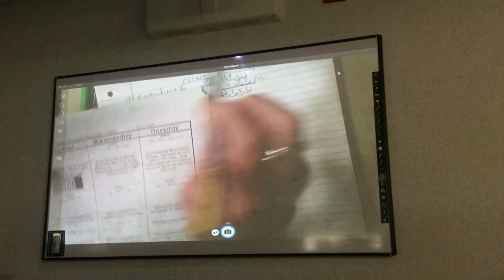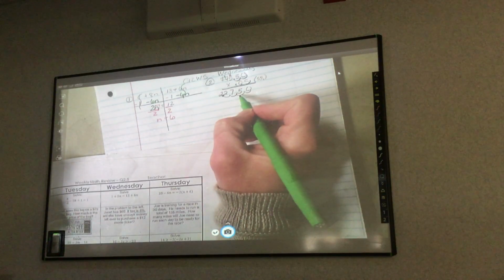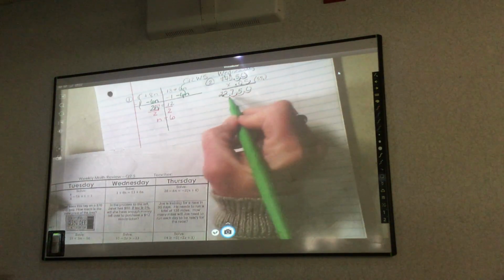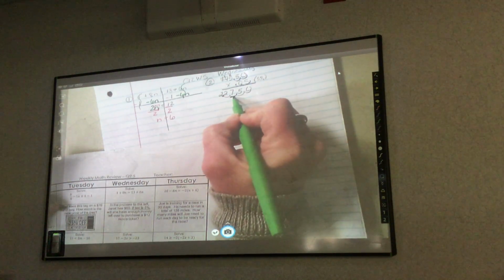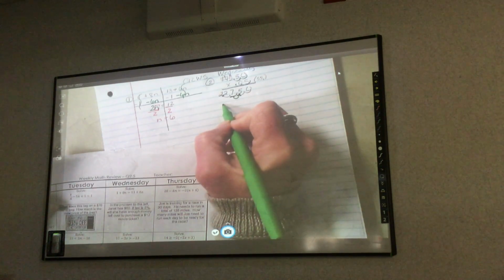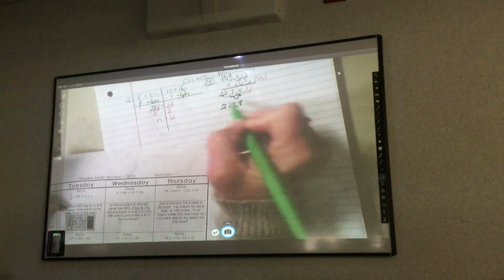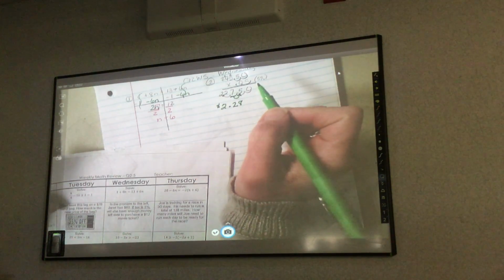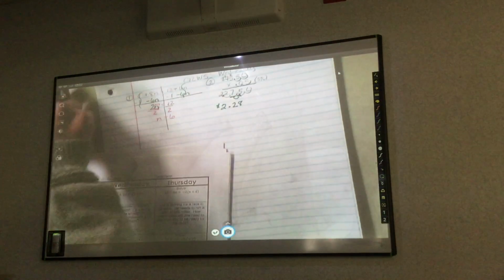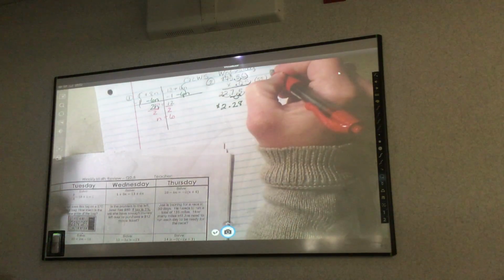If this is money, we don't go to the thousandths place, do we? No, so let's underline the 7, arrow to the right, so it would really be 2.28, $2.28 for sales tax.